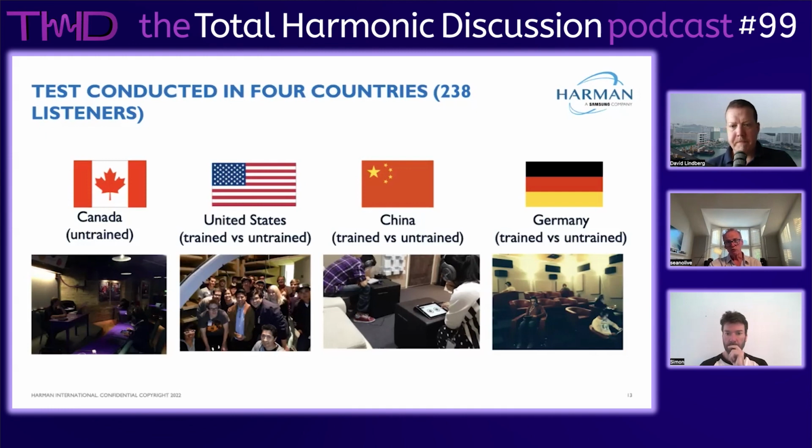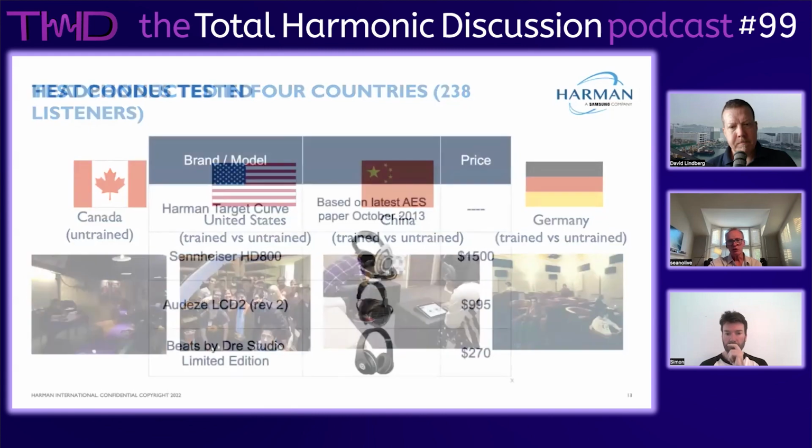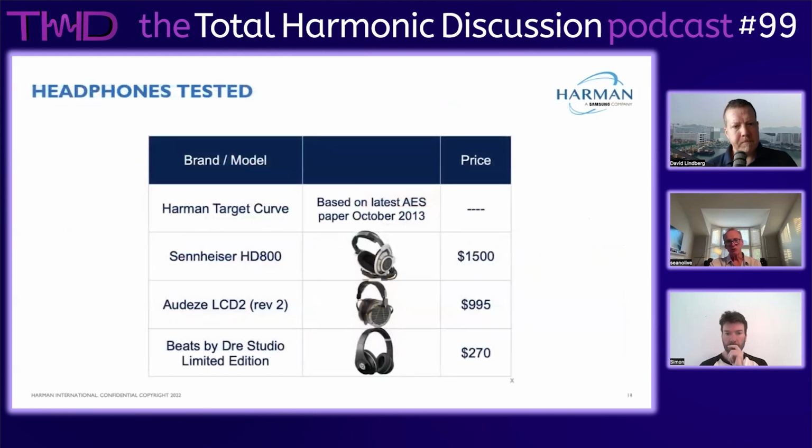So we went to 4 different countries. Most of these, with the exception of Canada, we have Harman locations in the United States, China, Europe, and we have a large number of trained listeners as well as untrained listeners. And we did some tests where they compared these 4 different headphones. The Harman target curve, which I've already described, the Sennheiser HD 800, which I think at the time was considered one of the best headphones.